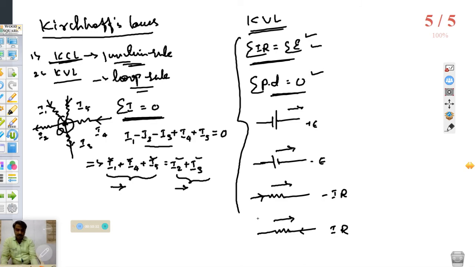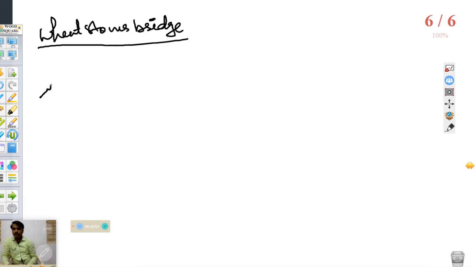And the last concept is applications of Kirchhoff's laws, that is the Wheatstone network. In the Wheatstone bridge, we have the two arms side by side like this, and a galvanometer is connected in between.